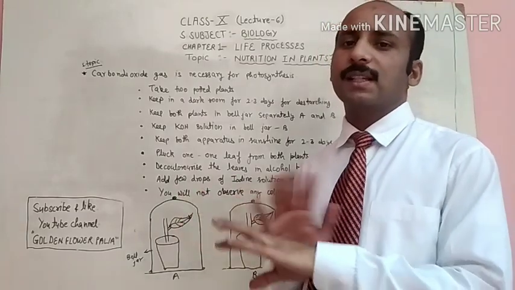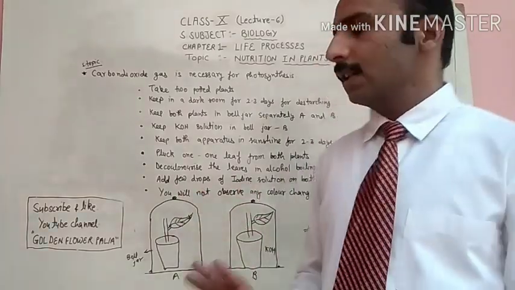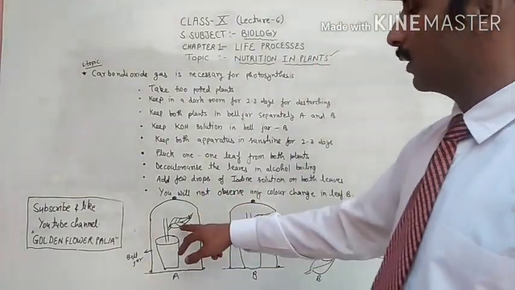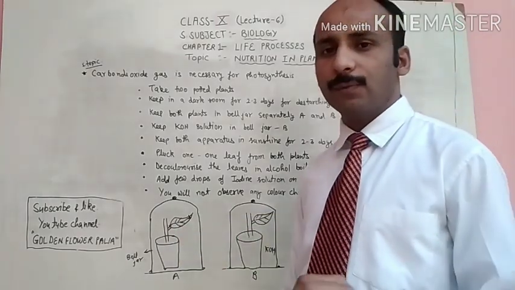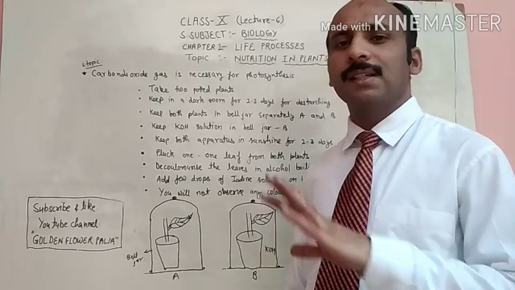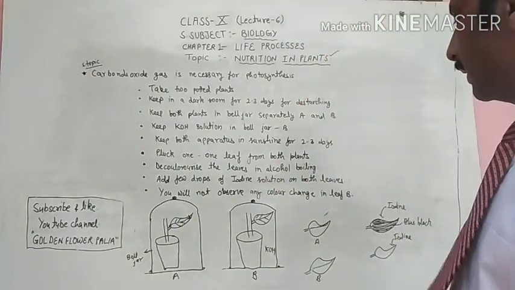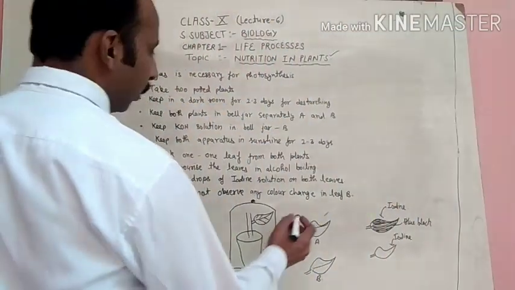When the photosynthesis process is completed, we pluck a leaf from both plants separately. After that, we will boil them in alcohol.